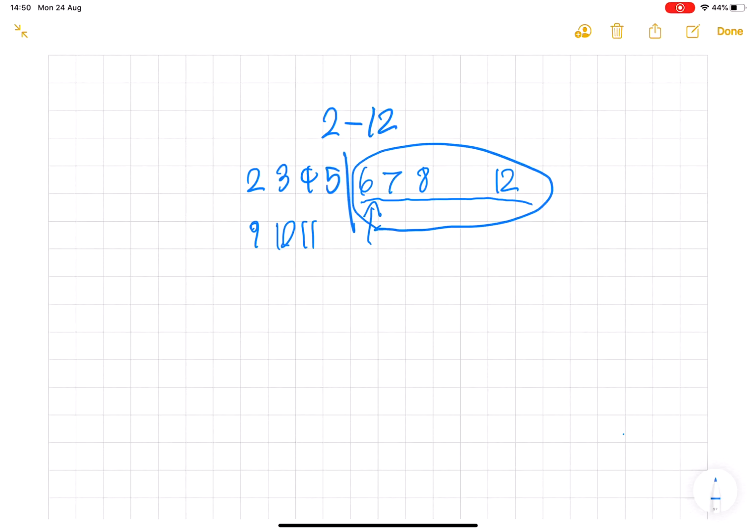Now I don't have quite a lot of techniques here, but I can tell you one technique though. All the even numbers will be the multiplication.